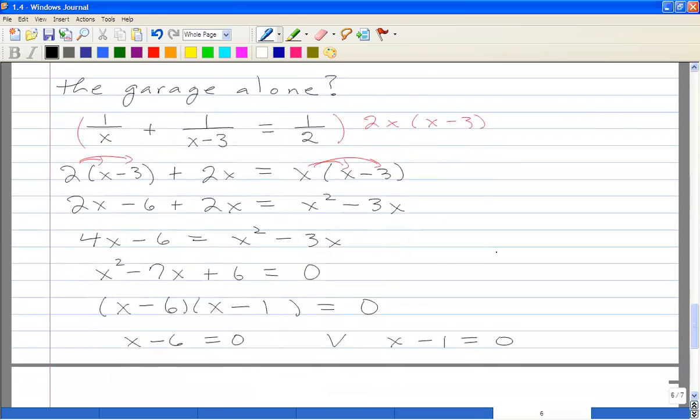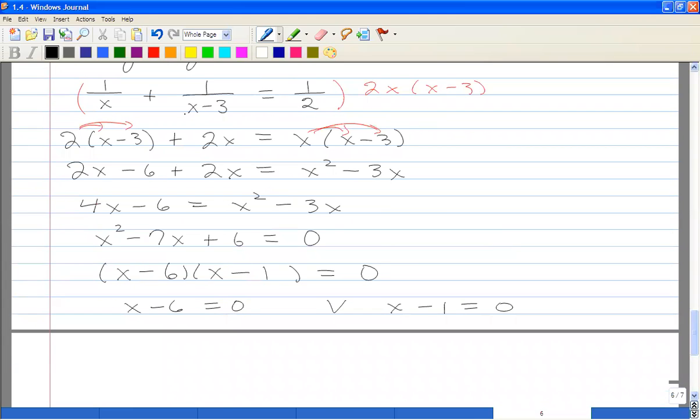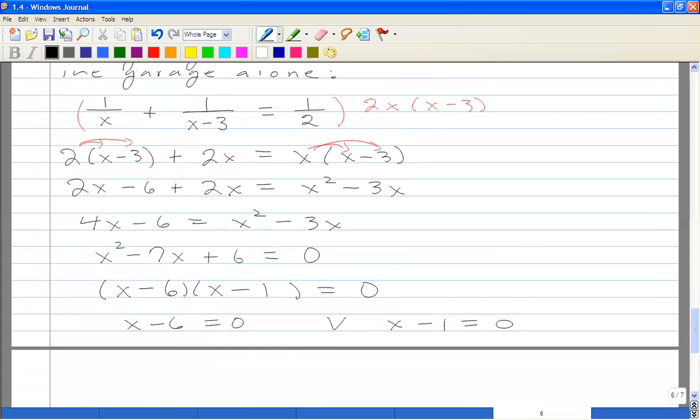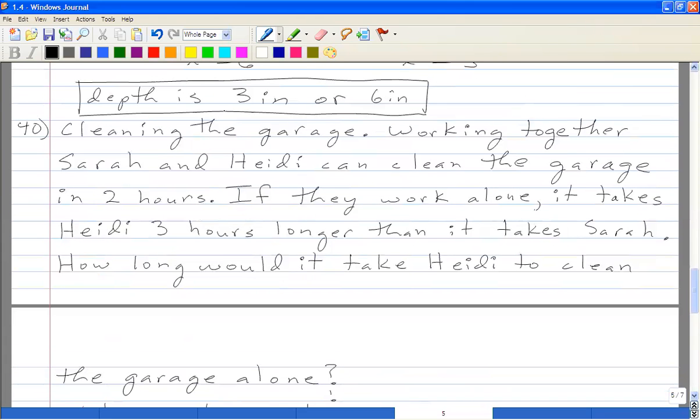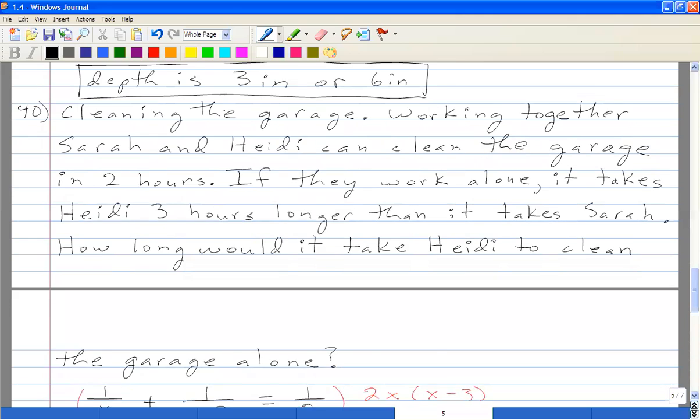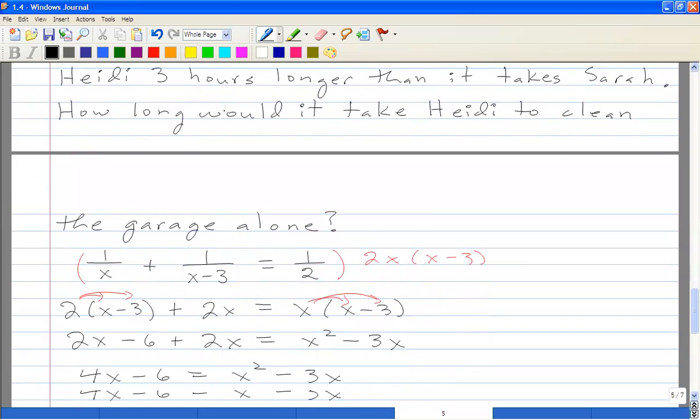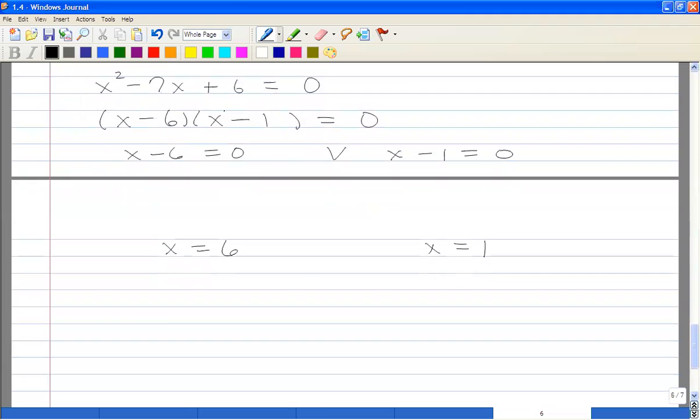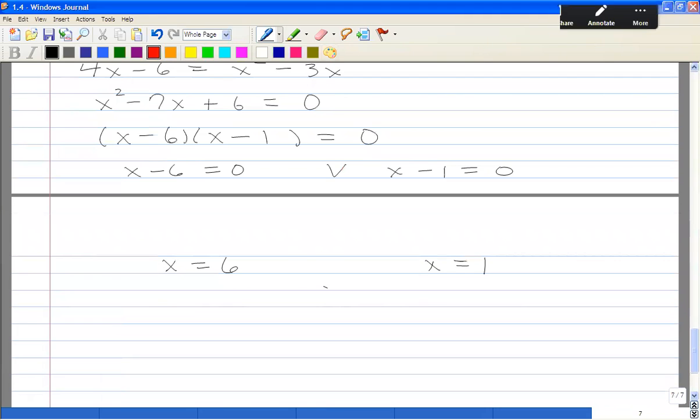Now, if x is 1, well, 1 minus 3 is negative 2. And you really can't say that Sarah cleans it in negative 2 hours. So that's not a valid answer. So let me get rid of that.